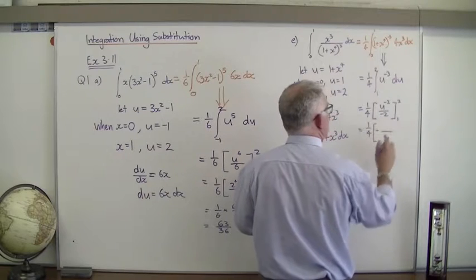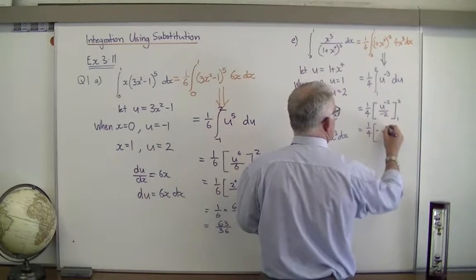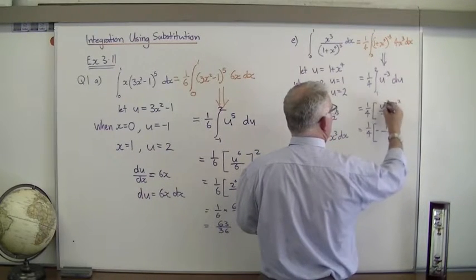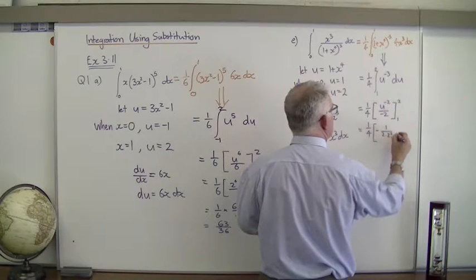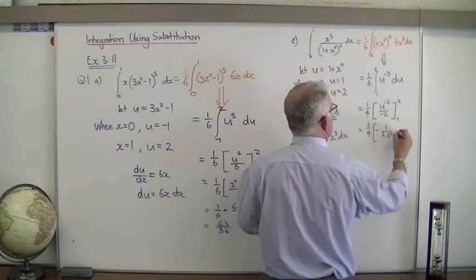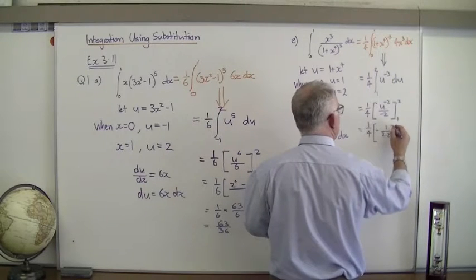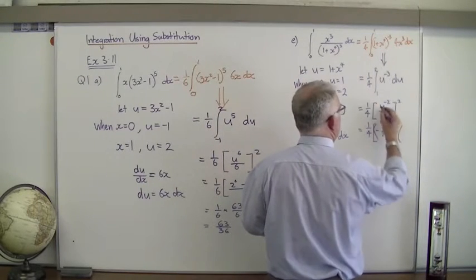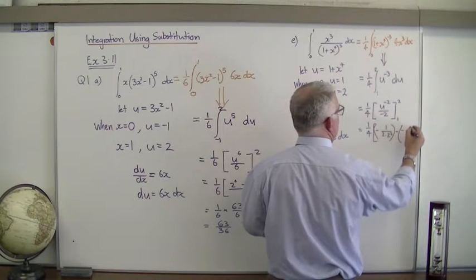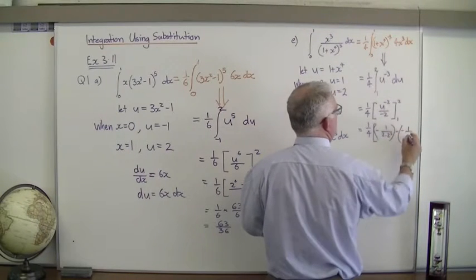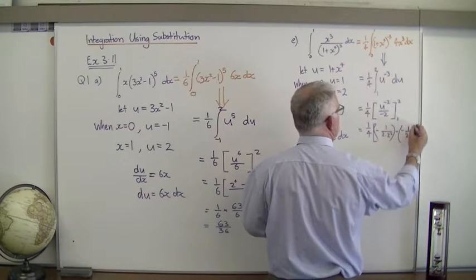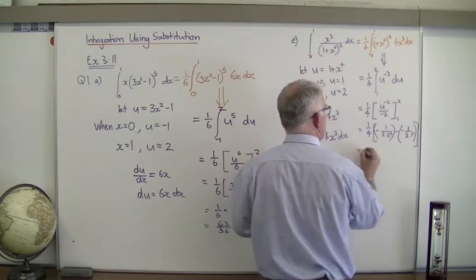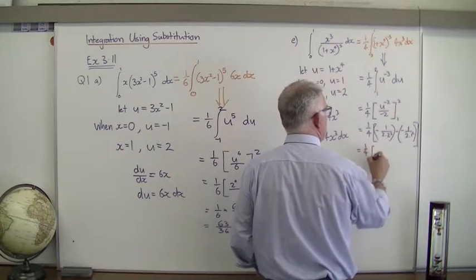So that'll be 1 on 2 times 2 squared, minus the negative again, 1 on 2 times 1 squared, which is 1/4.